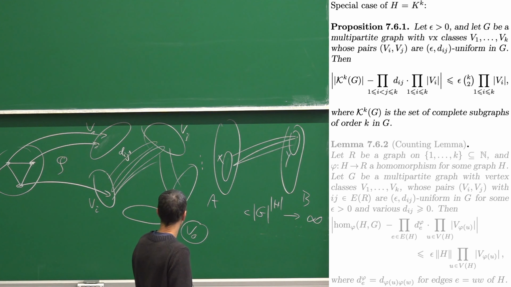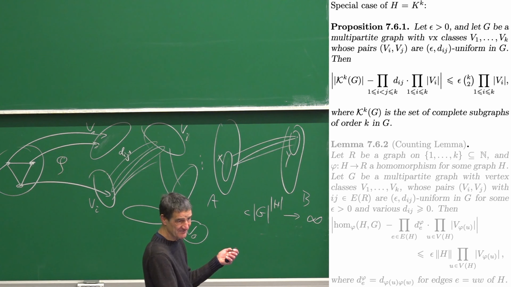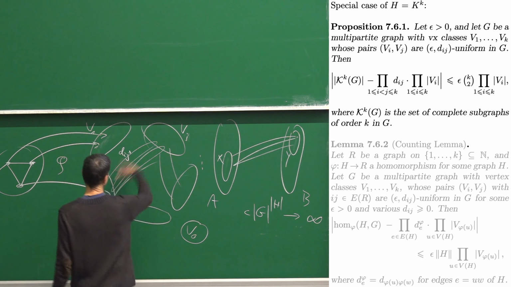Now, we're not talking about probabilities, and we're not in a random graph here. We're, in fact, in our particular graph G, where these Dijs are not edge probabilities, but densities.